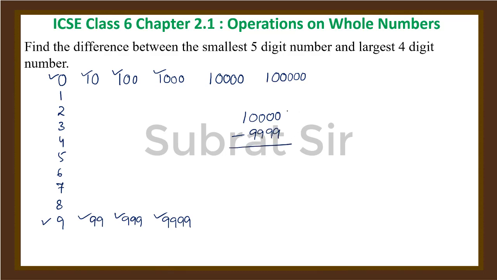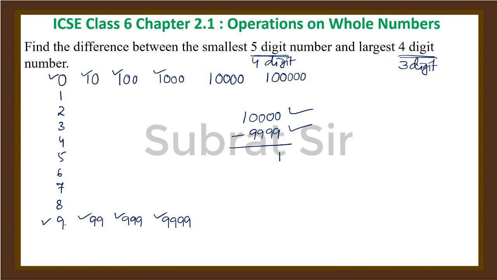This one is the smallest 5-digit number and this one is the largest 4-digit number, and we will find the difference between them. The difference is 1. Always, the difference between the 5-digit smallest number and the 4-digit largest number is 1. The difference between the 4-digit smallest number and the 3-digit largest number is 1.